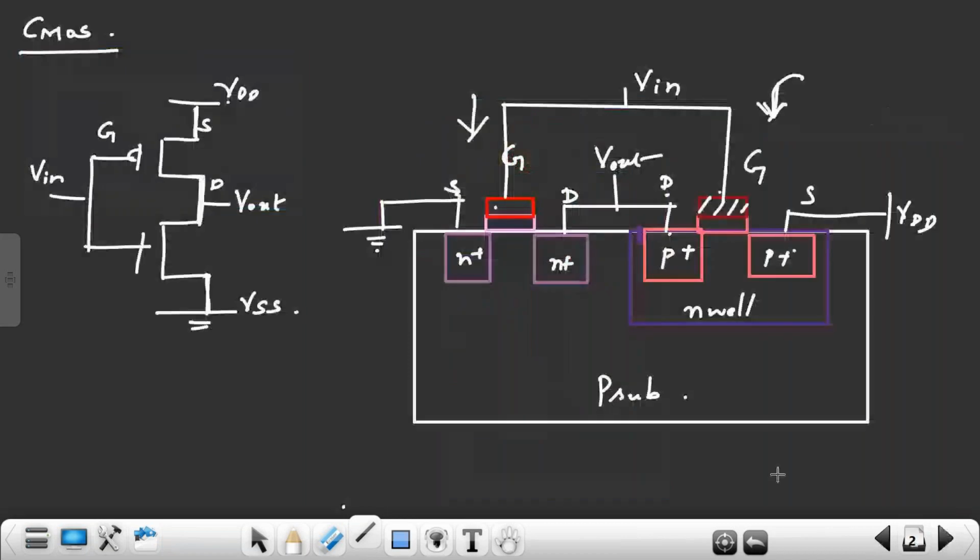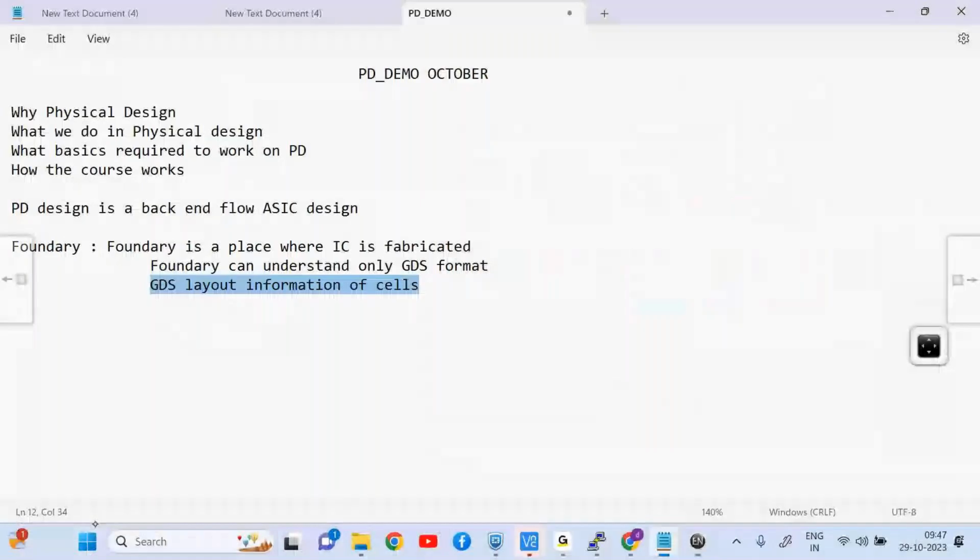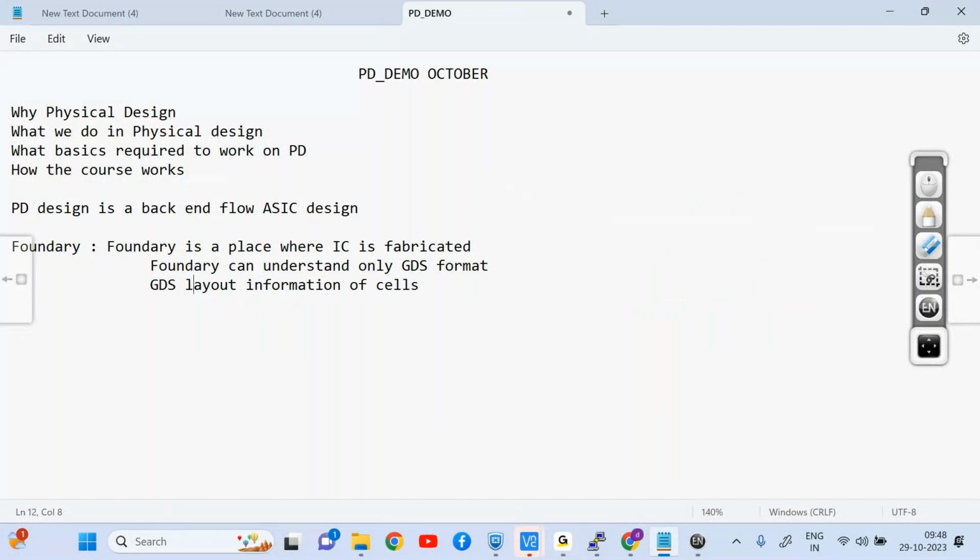So my foundry can understand only layout information. So our role is to give the layout information to the foundry. Physical design engineer's role is to create the layout information, whatever we get from the synthesis tool, and give that to foundry.